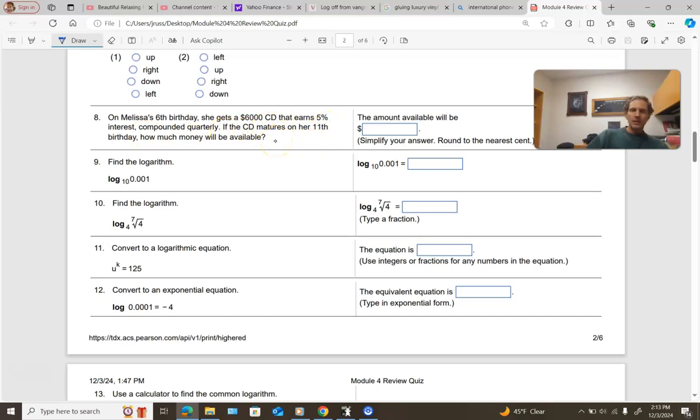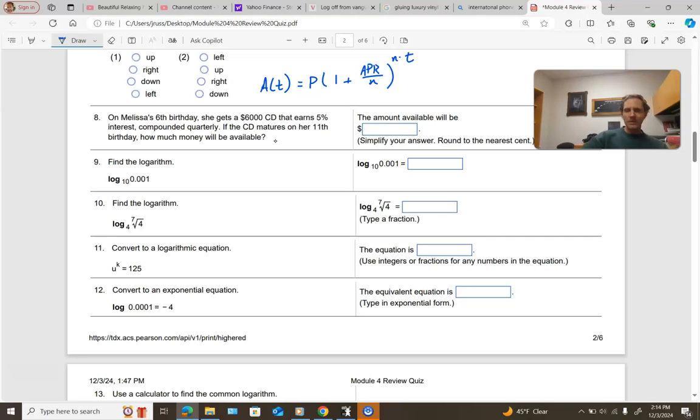So guys, this is the way we expressed it in class. We call it A for accumulated value. It's a function of t, or time, and it's the principal times 1 plus the APR, or the interest rate, divided by the number of compounding periods in a year, and you raise this to the exponent of the number of compounding periods times the number of years, which is time, okay?